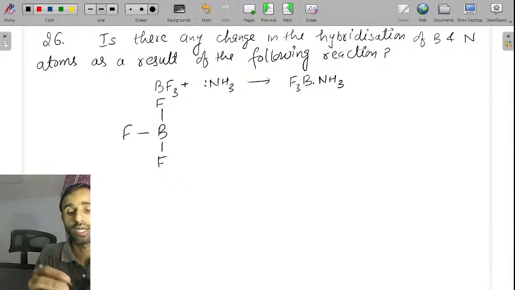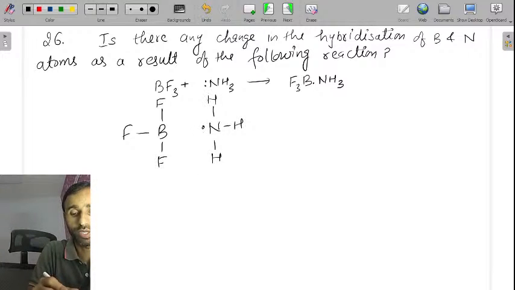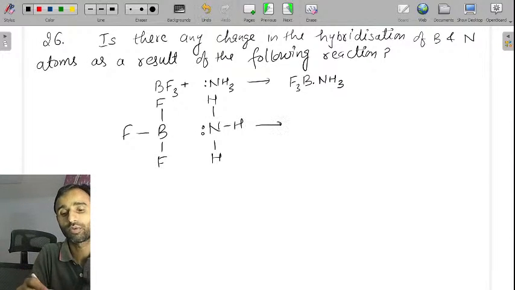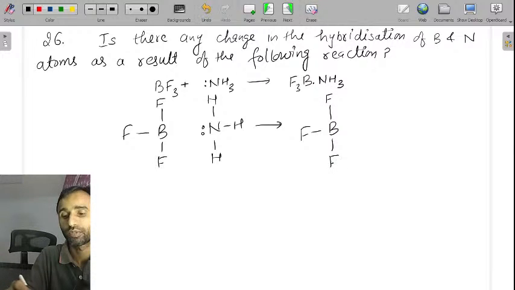Okay, and in NH3 nitrogen is attached to again 3 hydrogens. At the same time it has 1 lone pair. Now boron has a vacant orbital.